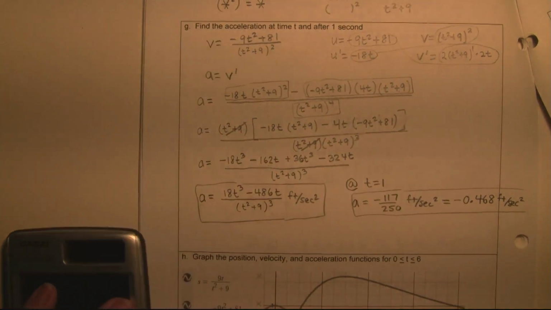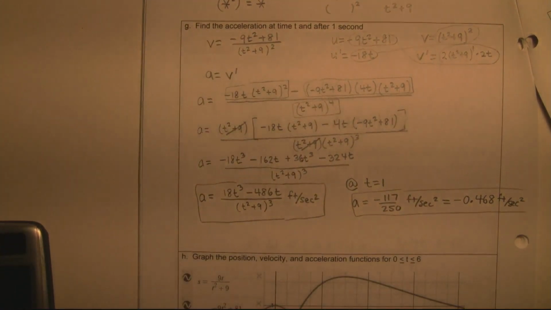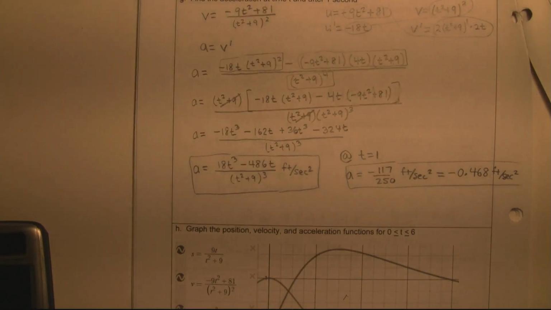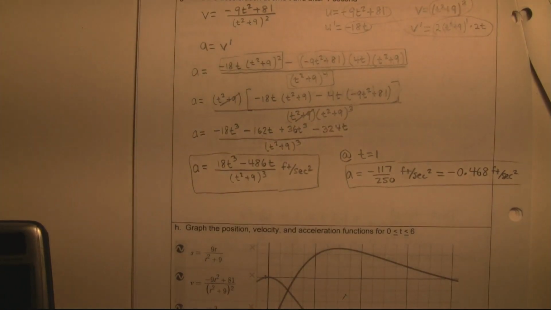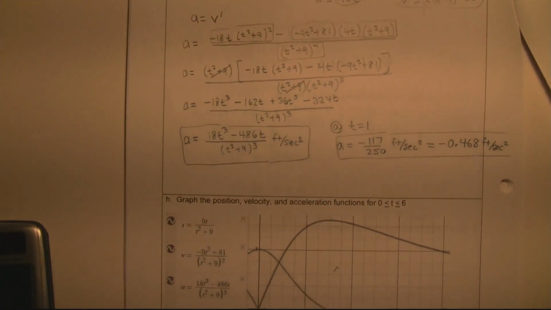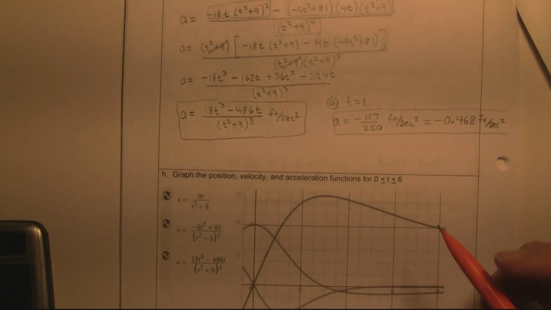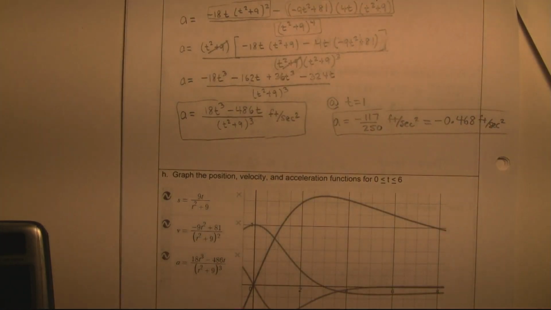Then they asked me to graph the position, the velocity, and the acceleration functions. I wouldn't require that you graph those. I realize now, without them being on the screen, that I don't know which one is which here. But I could probably figure it out. I know S goes through the origin, and A must go through the origin.